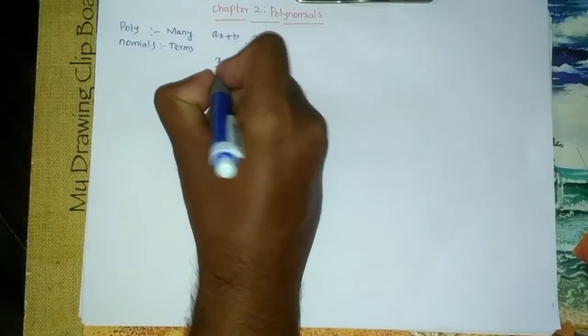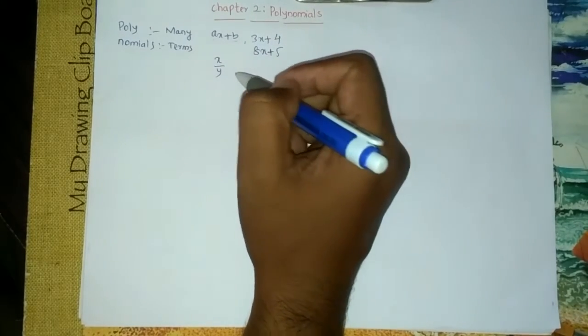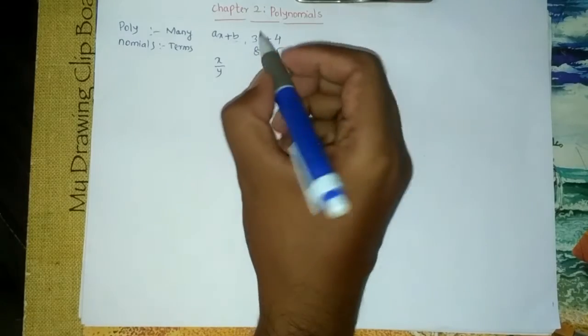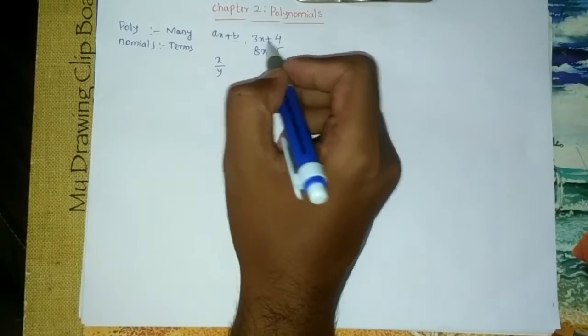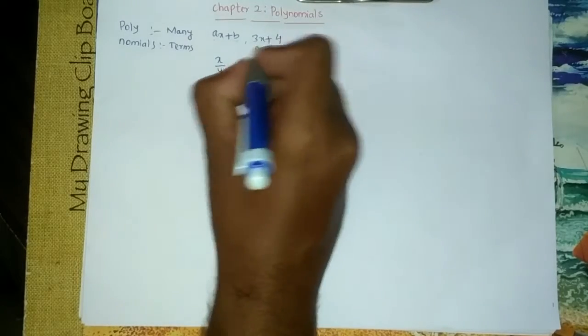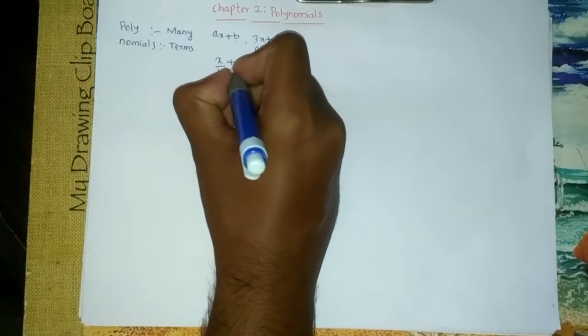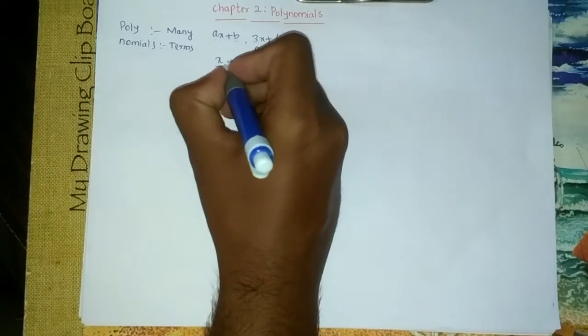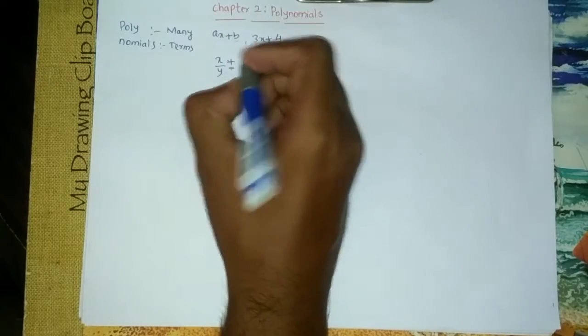Now x plus y, can we call this as a polynomial? No, this is not a polynomial because here we have only one term. We get two terms only with addition symbol or subtraction symbol. These two symbols will separate the terms, right?